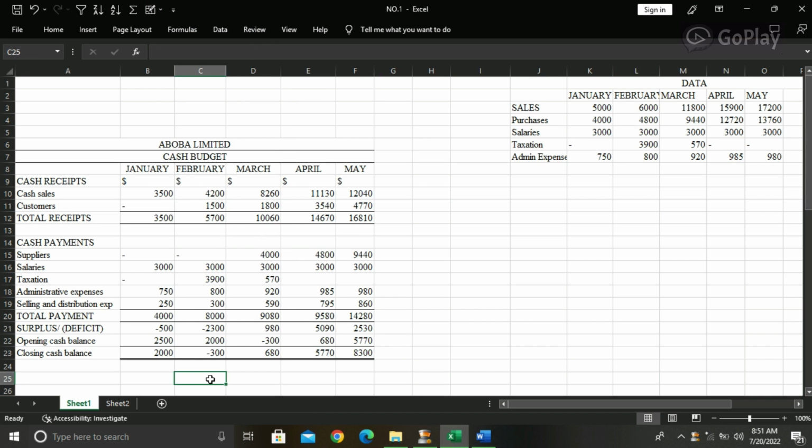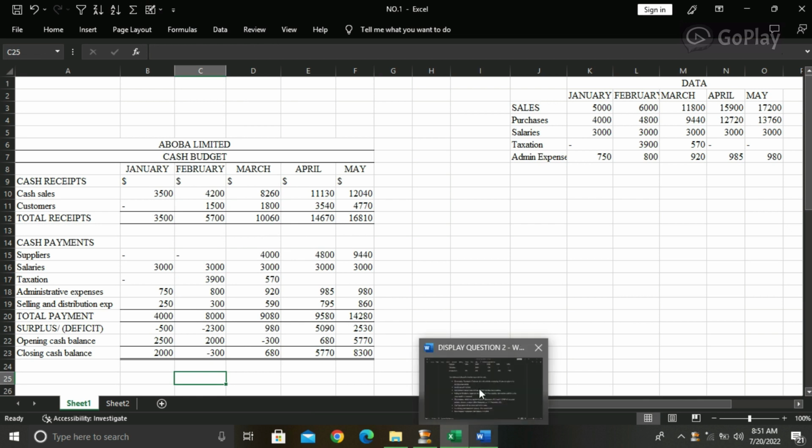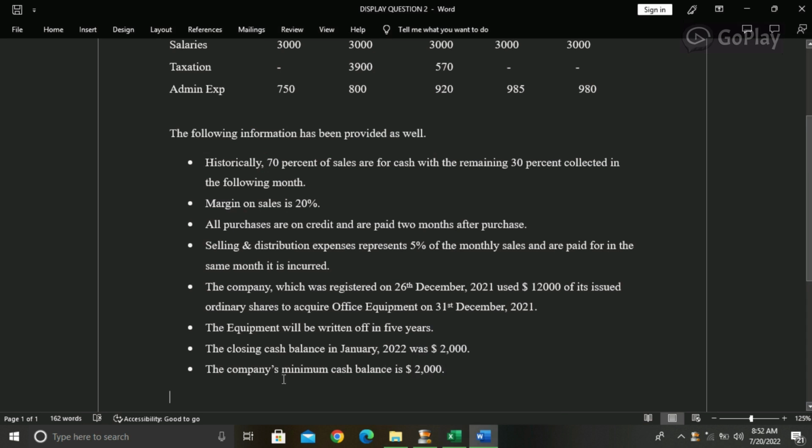But if you look at the question critically, the last bullet says that the company's minimum cash balance, or minimum cash requirement, is 2,000. So the company itself sets a rule that if for nothing at all, $2,000 must be left at the end of each month.